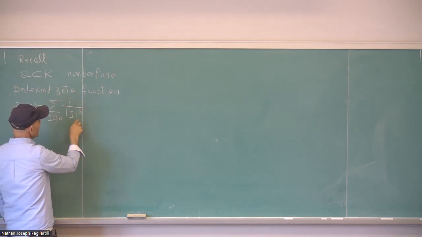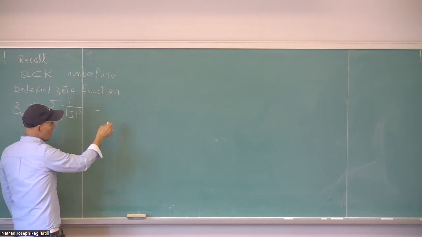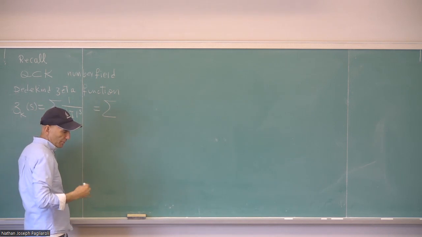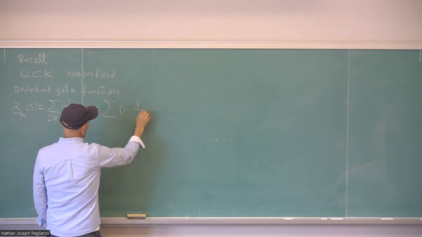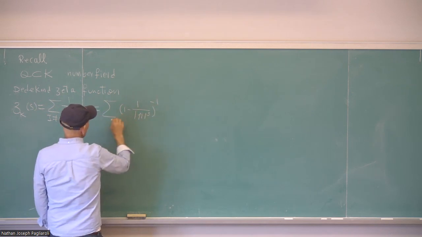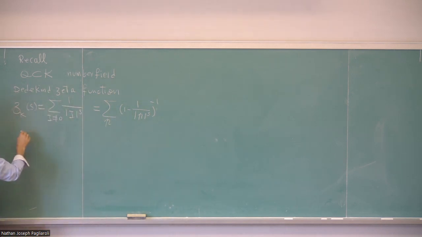But then there is an Euler product formula for this, in the world of ideals and prime factorization of ideals, which is the product of 1 minus 1 over the norm of P to the s, over all primes.